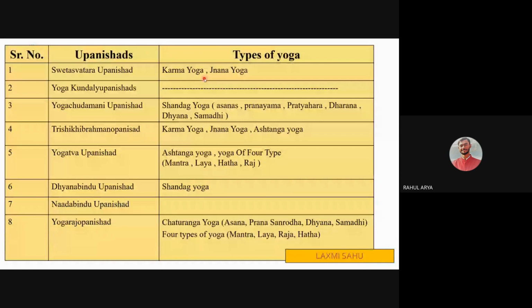Karma Yoga and Jnana Yoga. Okay. That's why I'm telling you that in today's class, 2-3 questions come every time. It is an important brief class on the Yoga Upanishads.